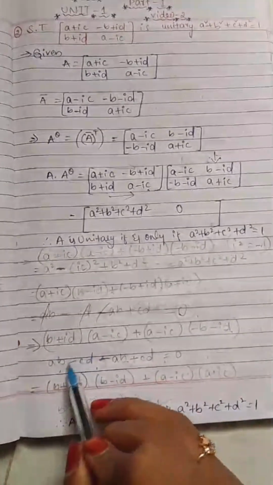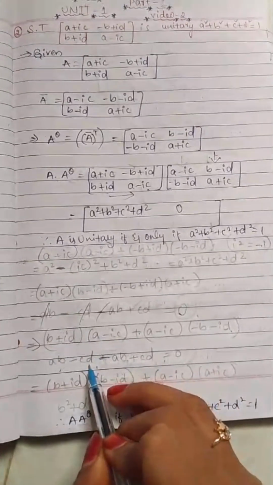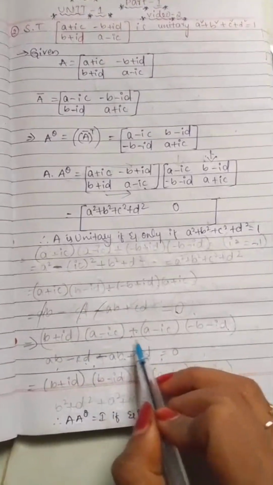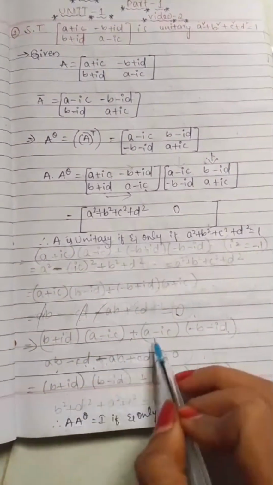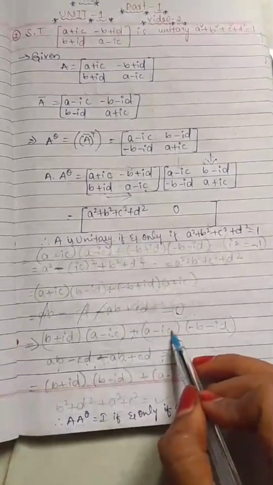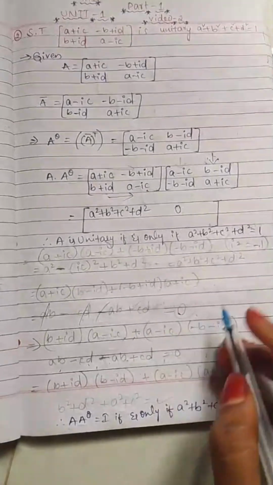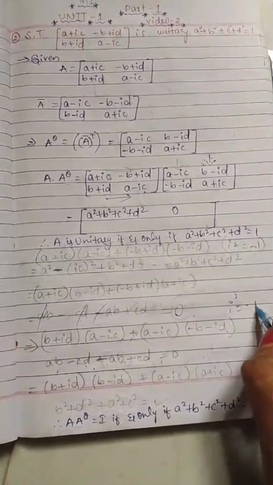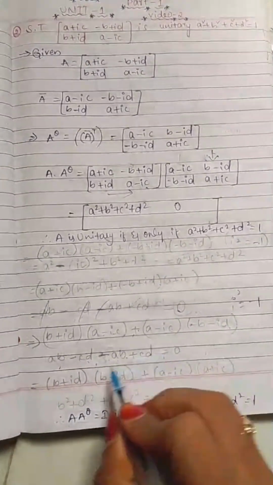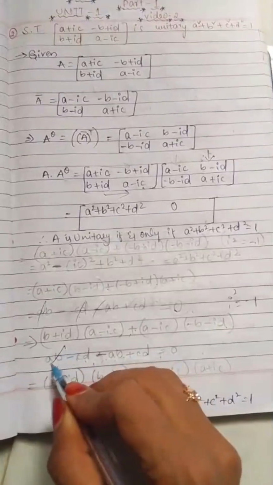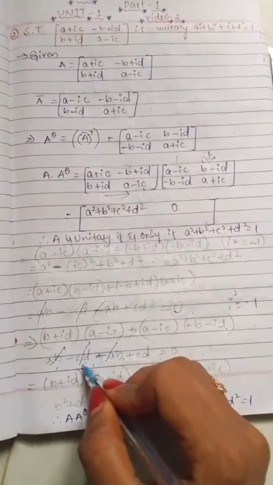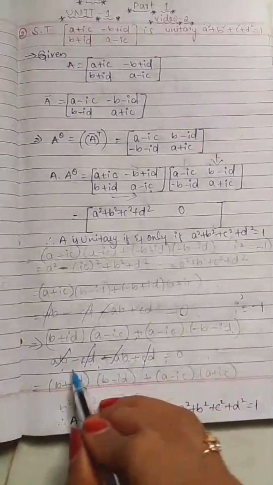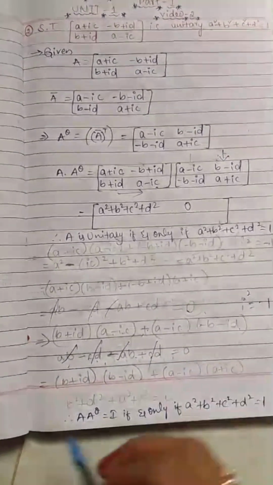Here a into b, ab, cd here, plus into minus minus, and again minus into plus minus, a into b, ab, c into d, cd. Here i square is equal to minus 1, and this will be 0. ab minus ab plus cd minus cd will get cancelled here, 0.